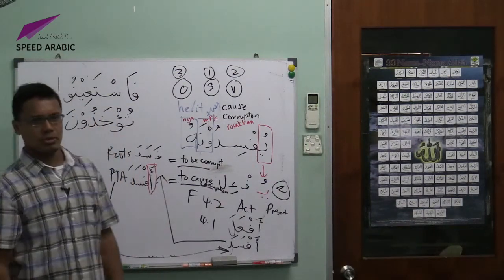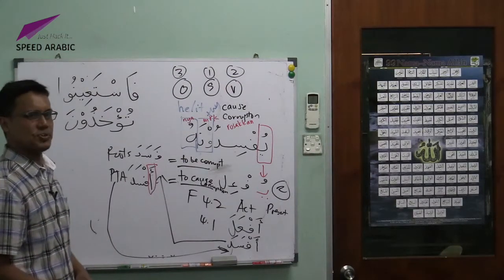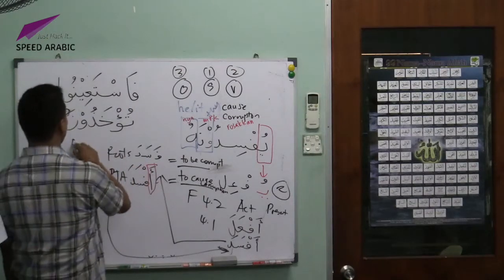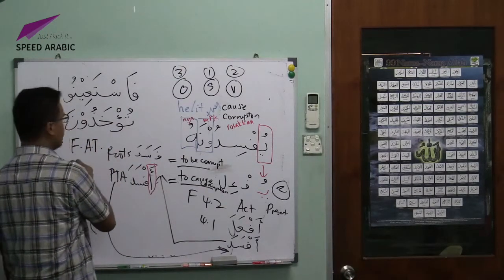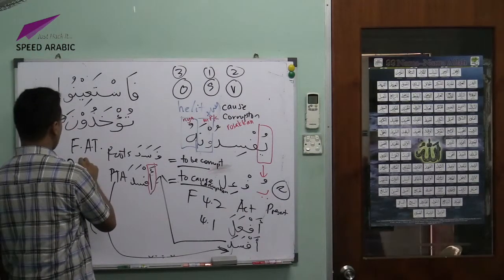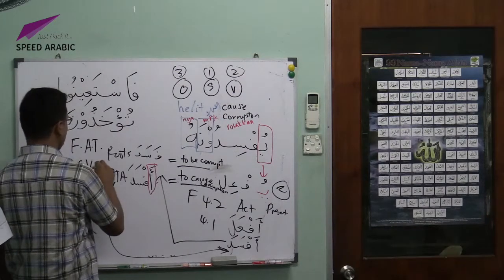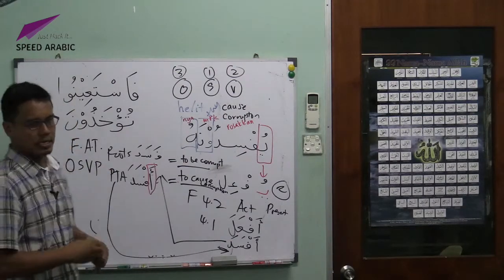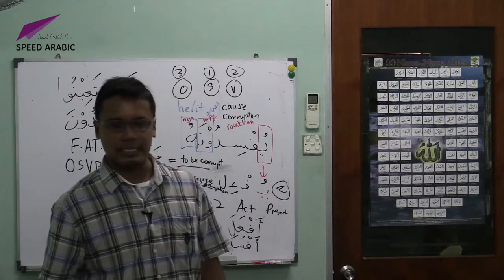Tu'khadun. Try to do the 7 steps. Okay, and then give me the fat when you come back. Give me the fat and the OSVP. Okay, do these 2 verbs, and next week we will discuss.